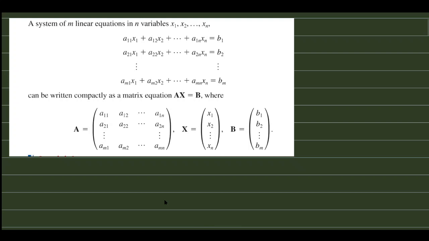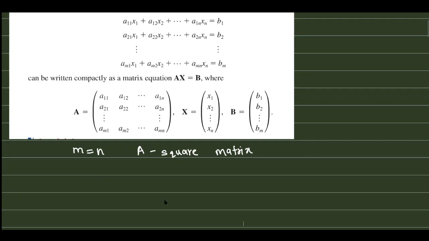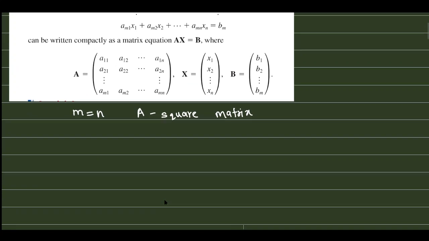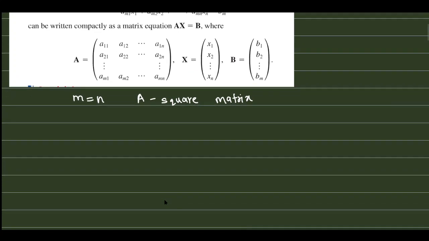Now suppose that m is equal to n. That is, A is a square matrix, which means the number of rows and number of columns are the same. Again, we can write it in the form Ax equal to b.